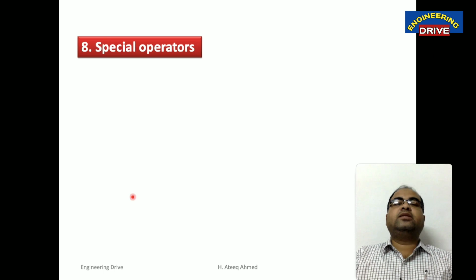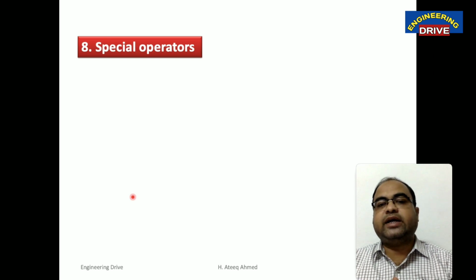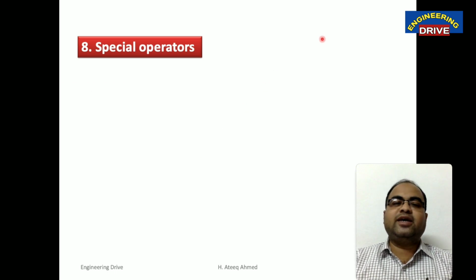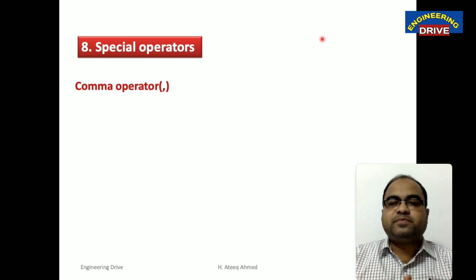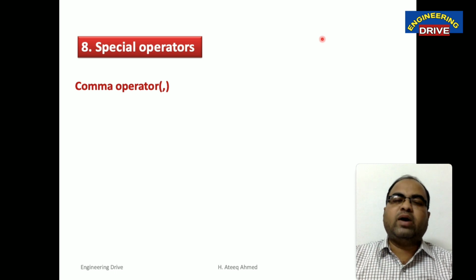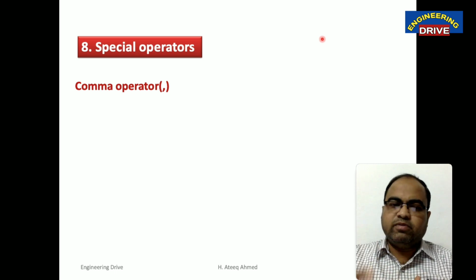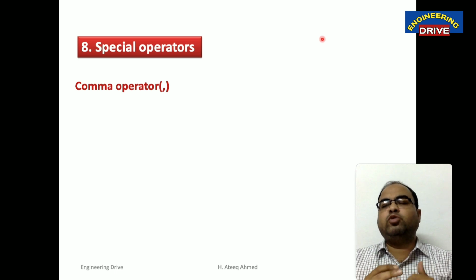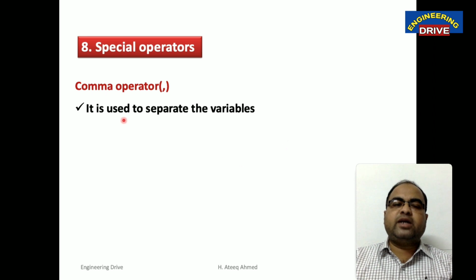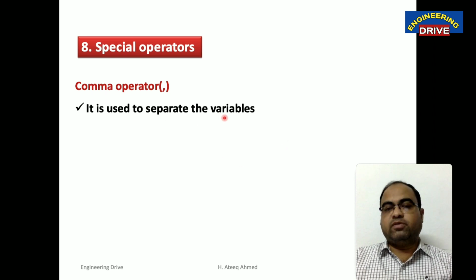And the last category, which is the small category, is the special operators. Sir, what is this special operator in C? You will be amazed: comma. The comma operator comes under the category of special operators. There are many operators, but this is one operator which will be used in our C program a lot. What is the use of this comma operator? It is used to separate the variables in our C program.